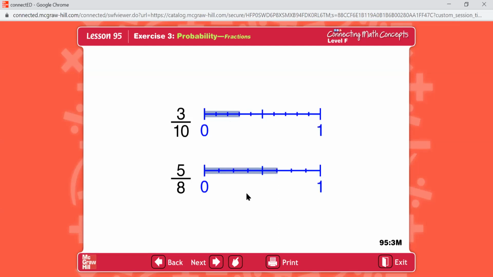So which fraction shows a probability that is more likely? 5/8. It's more than half. Remember, the fraction that is closer to 1 tells about the event that is more probable.